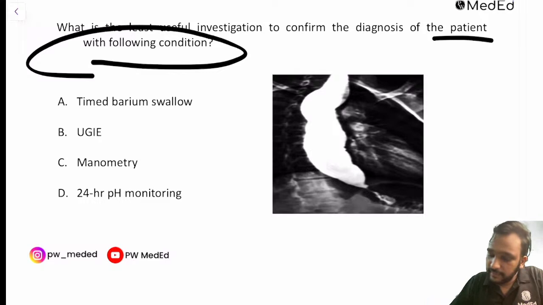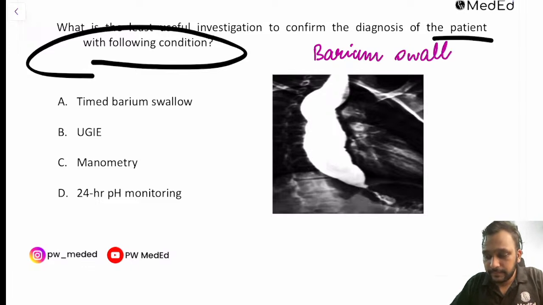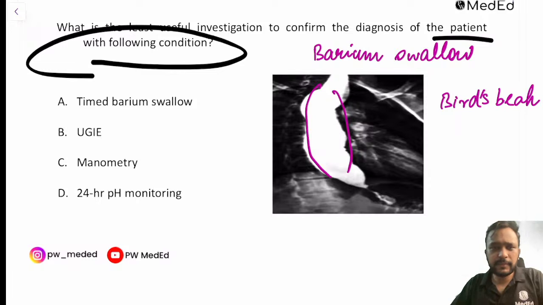So guys, in this barium swallow image, we can see that there is diffuse dilatation of the esophagus and there is narrowing of the distal end, and this is giving a bird's beak appearance. And this bird's beak appearance is seen in achalasia cardia.